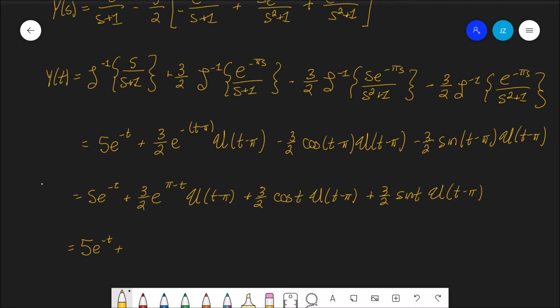So that becomes 5e to the negative t plus 3/2 times the quantity of e to the pi minus t plus cosine t plus sine t, all times the unit step function of t minus pi.